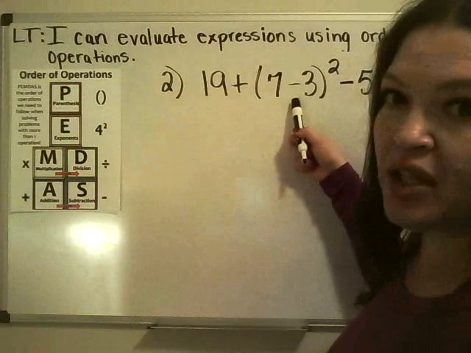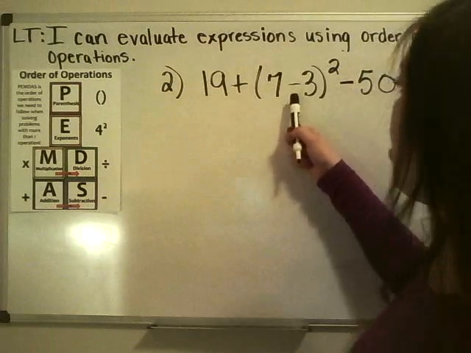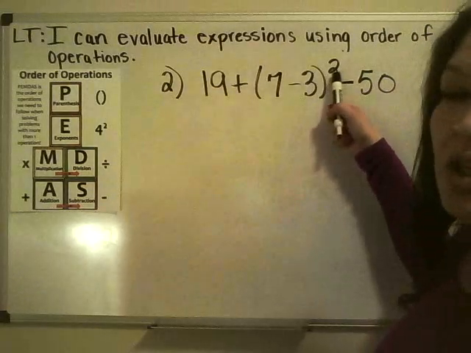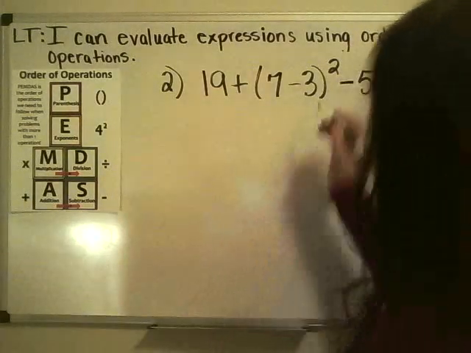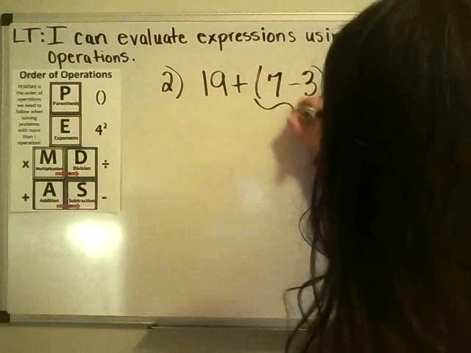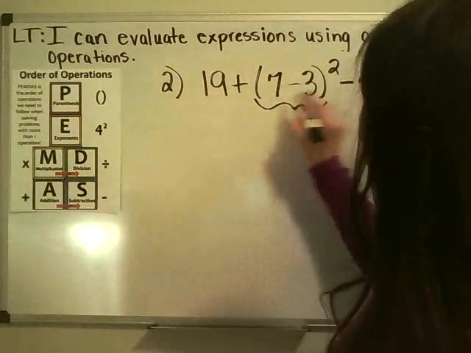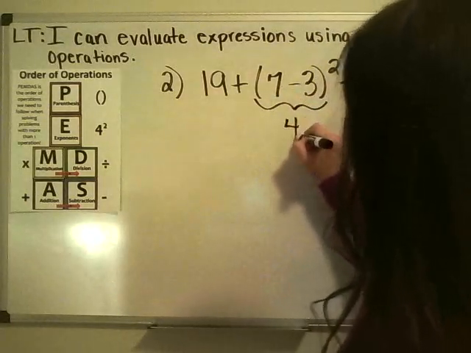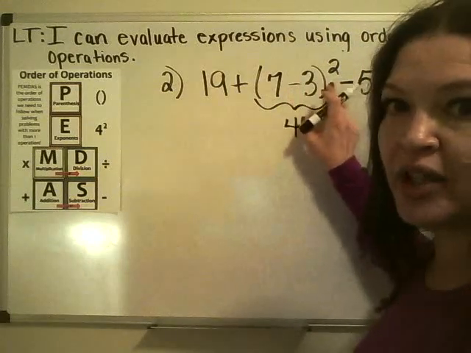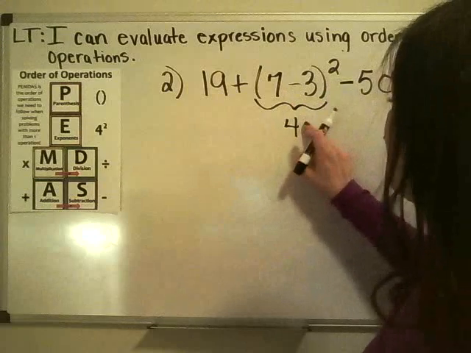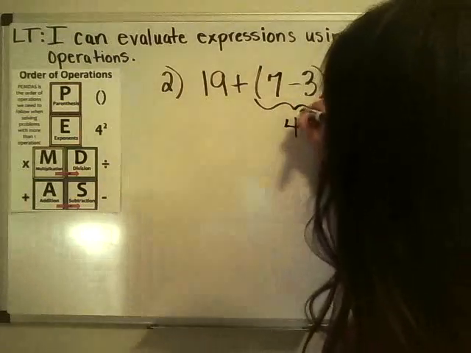And also pay attention that that parentheses also has an exponent. So which do you do first? The parentheses. Here we go. So I'm going to do this part first. So 7 minus 3, that's 4. Now that we solved what's inside the parentheses, go ahead and bring that exponent down with it. So now this is going to be 4 squared.